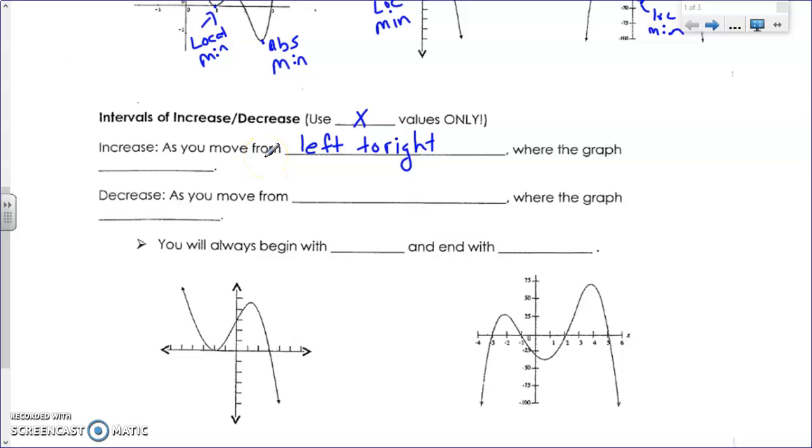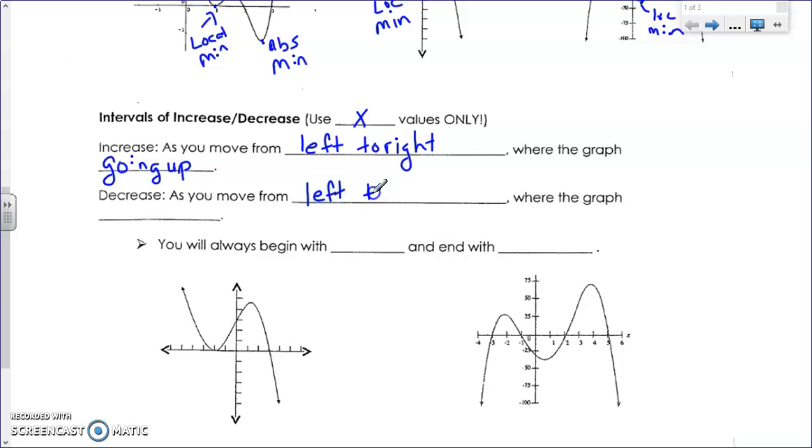And what are we looking at on this? X values. So where the graph is going up, that's what we're looking for when we're increasing: where the graph is going up as we move left to right. Decrease is as you move left to right.